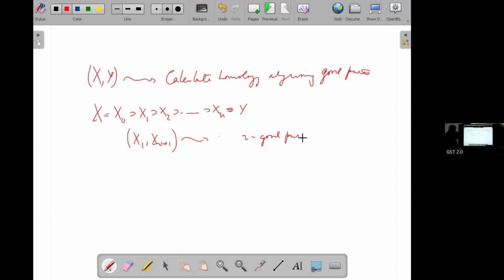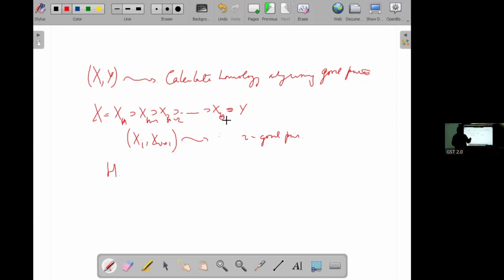Then you can calculate the homology by using this tuple, this filtration, because you can write your boundary maps. My numbering is wrong. Probably I should have started with n here, n minus 1, n minus 2, down to 0.